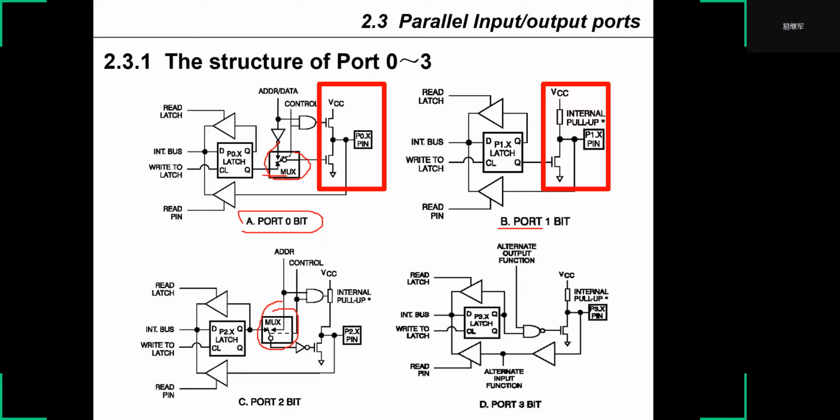When we interact with the external device, P0 and P2 can output the data and the address. P0 is the low address, P2 is the high address, so they have the multiplexer.